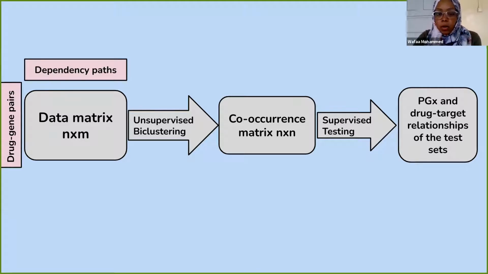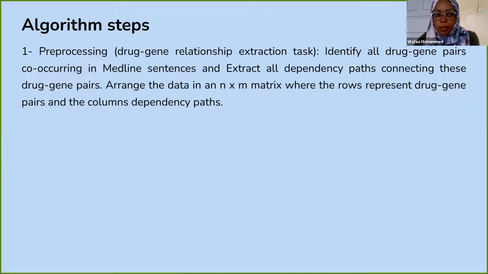The co-occurrence matrix is an n by n matrix with n drug gene pairs and also paths data from the Medline data, arranged in an n by n matrix.